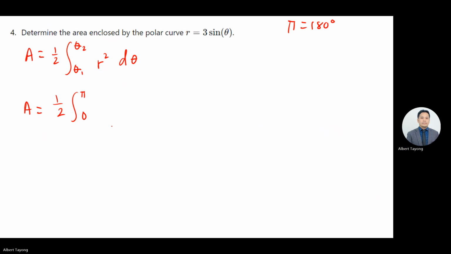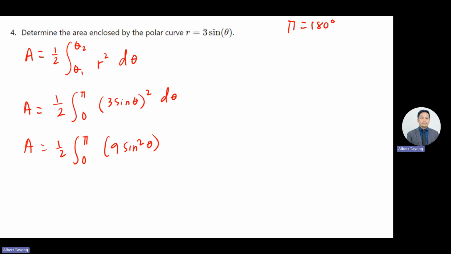Okay, so let's plug in our r, that is 3 sine theta squared d theta. So this becomes A equals 1/2 from 0 to pi of 9 sine squared theta d theta.